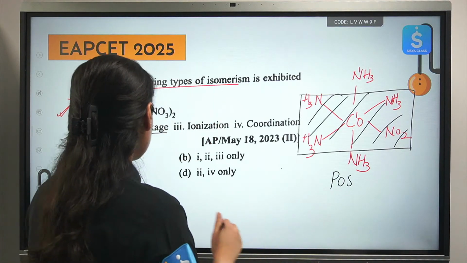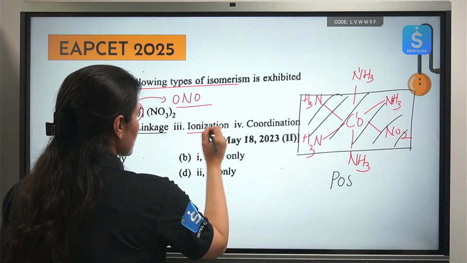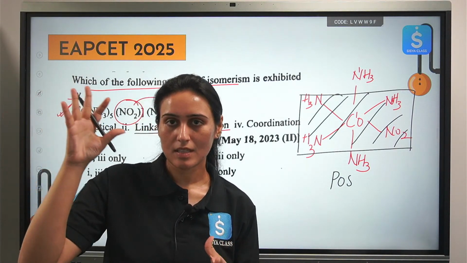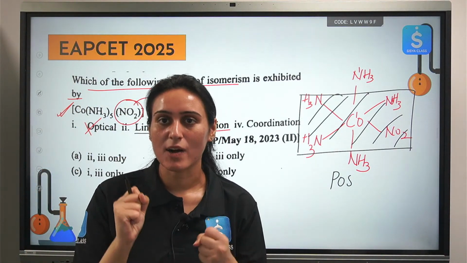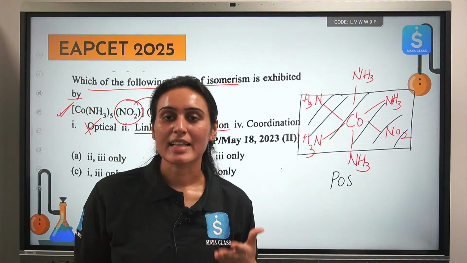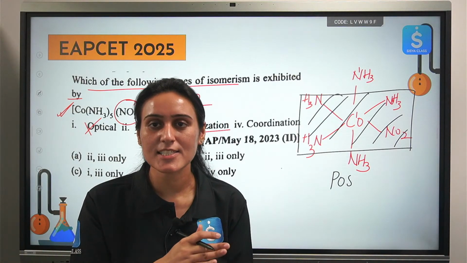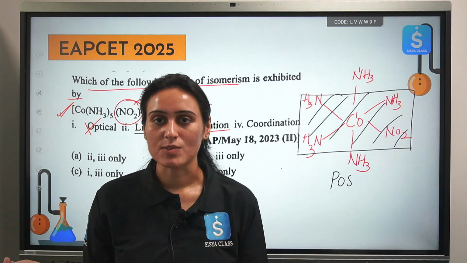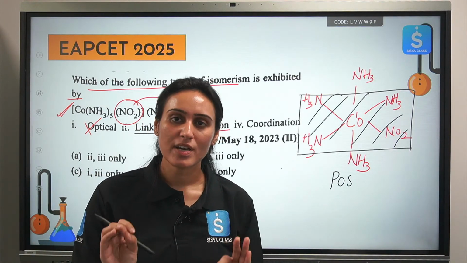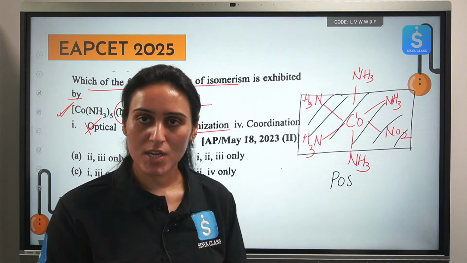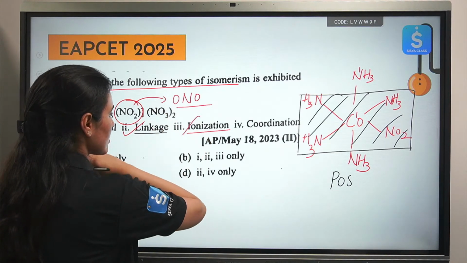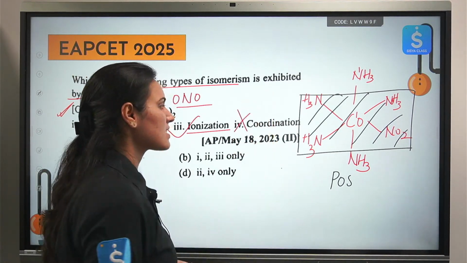What about ionization isomerism? It can show ionization isomerism also. The ions which are present outside the coordination sphere can rearrange themselves, go inside the coordination sphere and your ligands will come outside. So, yes, it will show ionization isomerism also. So, optical is not present, linkage is present, ionization is present, coordination isomerism is also absent.